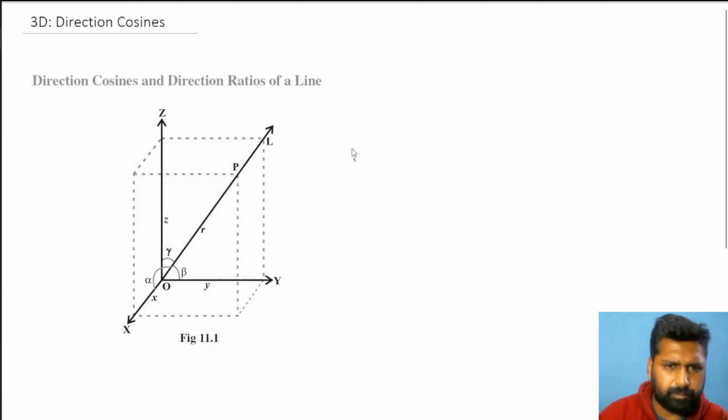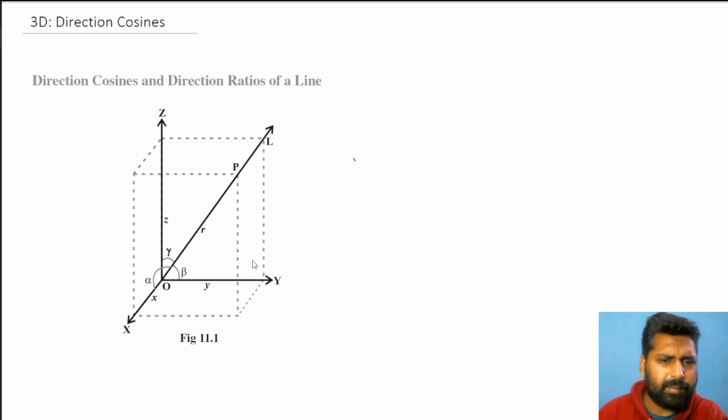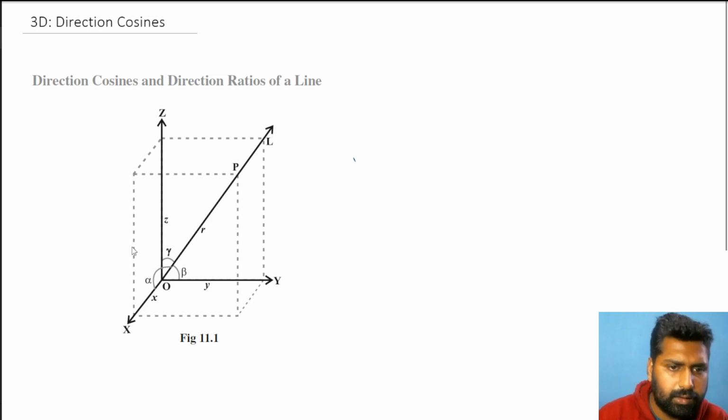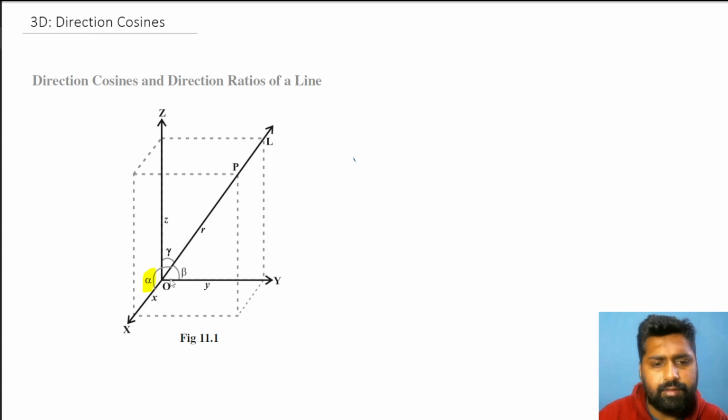It's in 3D, so x-axis, y-axis, z-axis. It's making some angle with each of them: with the x-axis, with the y-axis, with the z-axis. The angles are alpha with the x-axis, beta with the y-axis, and gamma with the z-axis.